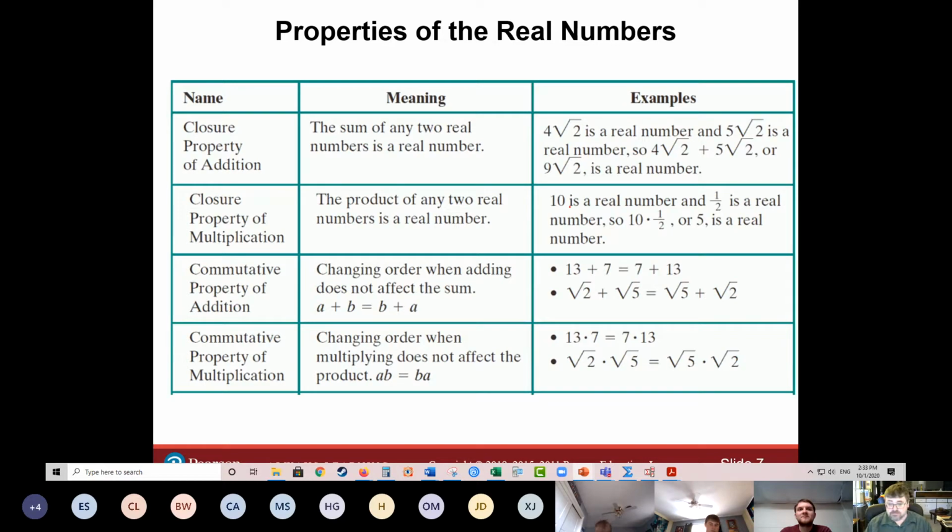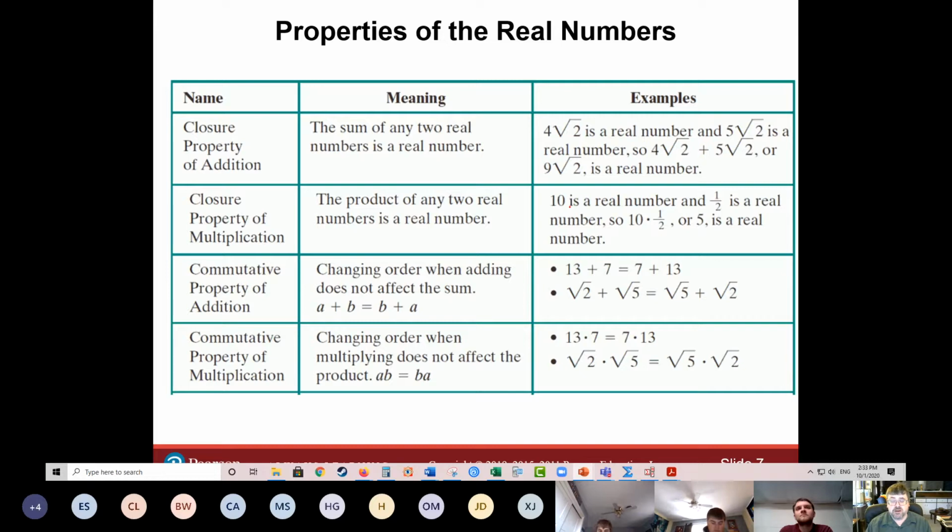Properties of the real numbers. Some of these properties you've seen before, probably, and some you may not have. Some are going to be important going forward, and some are just things that you, I think, should know. One thing I want to point out is that most of these properties are very specific, and you should be very specific when referring to them.